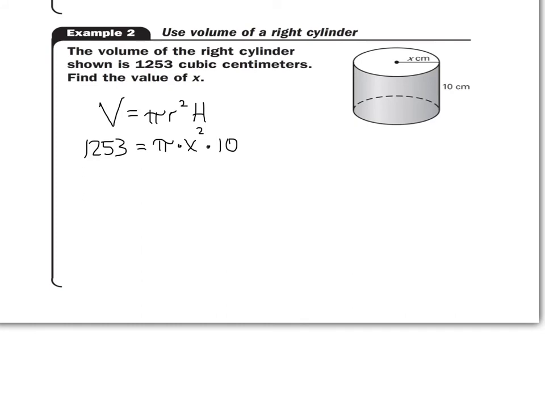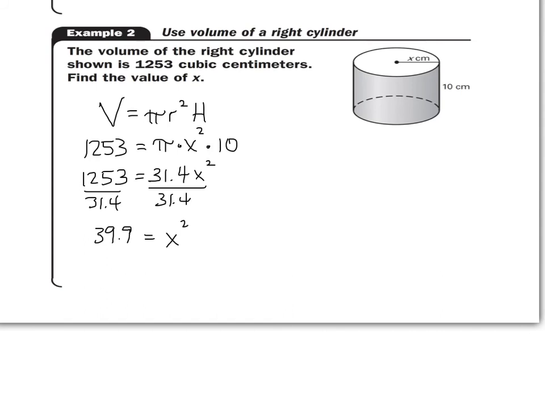If I take 10 times pi, I end up with, rounded to the nearest tenth, 31.4, and then x squared. Now, I want to solve this equation for x. So I'm going to divide by 31.4. And x squared is going to equal, rounded to the nearest tenth, 39.9.